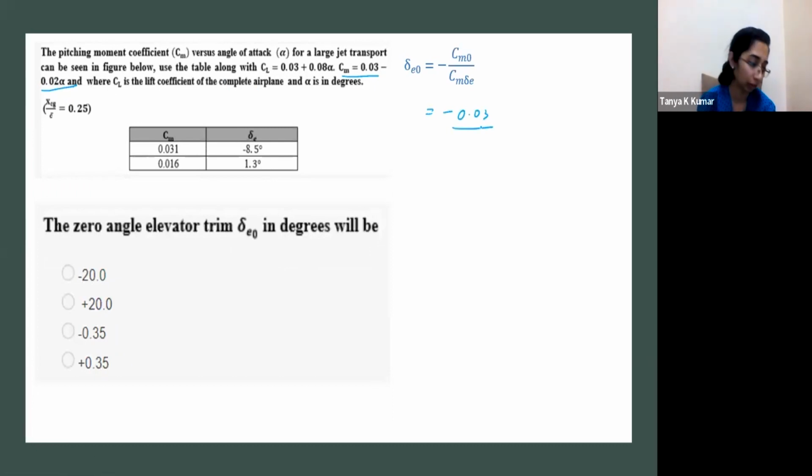Cm delta E we found out as minus 0.0015. How much is this value? 20 degrees. So delta E naught is 20 degrees. Delta E naught is positive, we know that, and it's 20 degrees here. Okay?